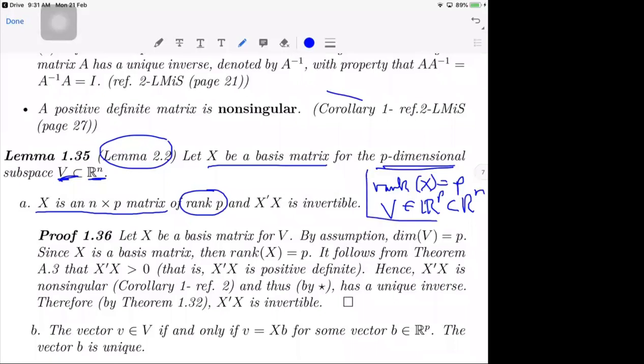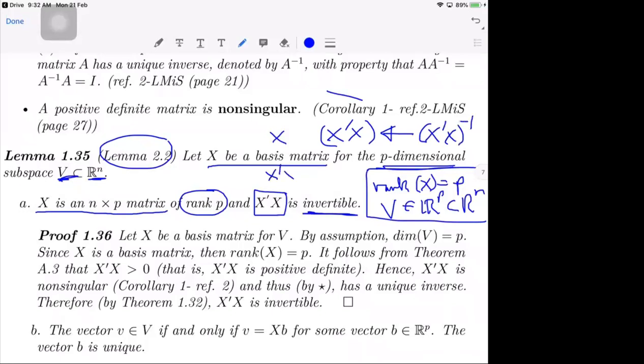If these assumptions are satisfied, who is invertible? X prime X is invertible. No, not X. X prime X is invertible. So what does invertible mean? It has a unique inverse such that X prime X inverse is equal to the identity matrix.